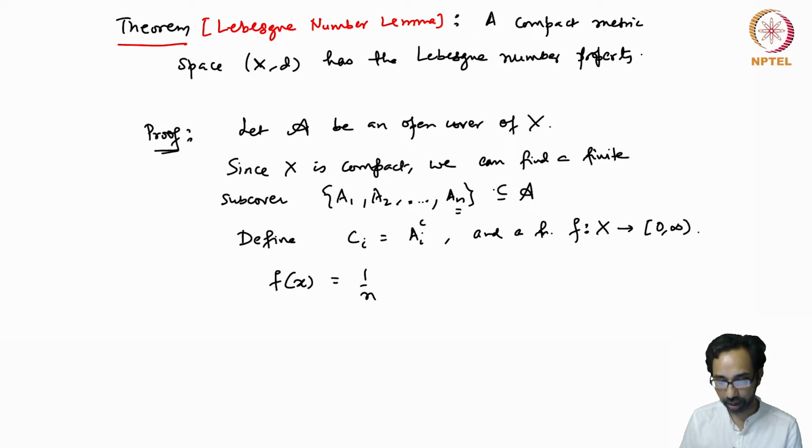So there are n sets in our subcover, so you take 1 over n and then take the sum from i equal to 1 to n of the distances from this chosen point X to each of these sets Ci.